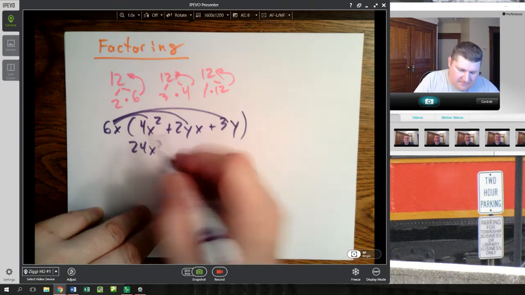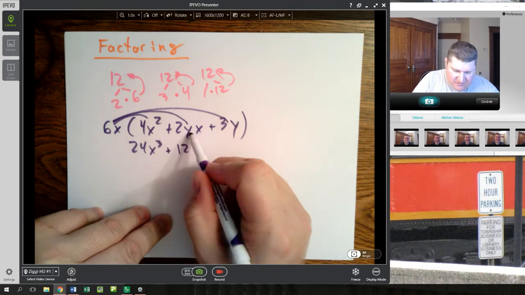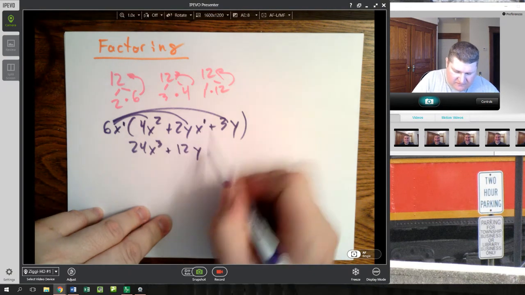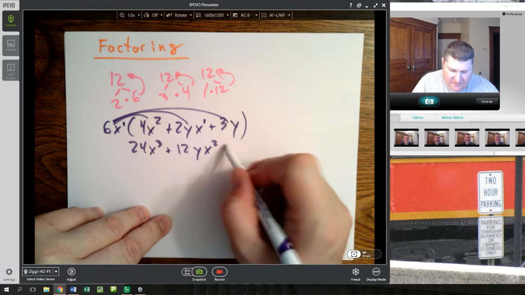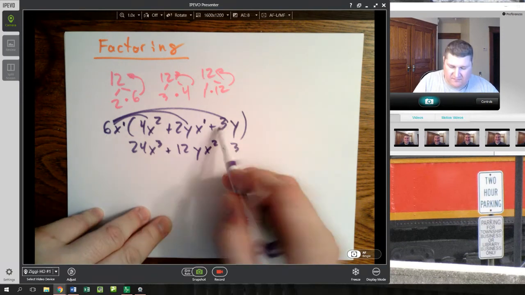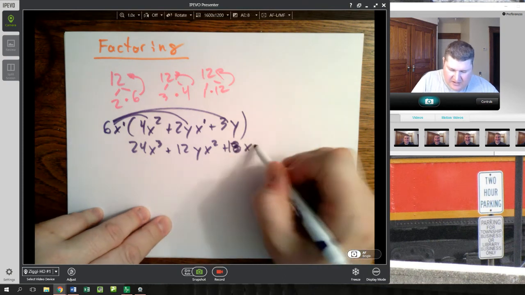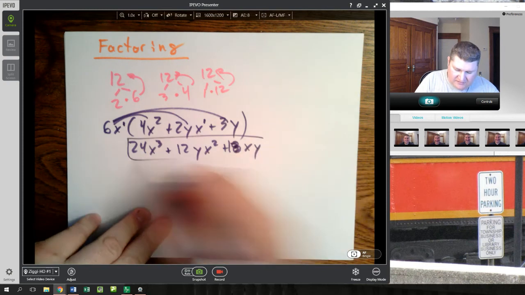Please learn them. Okay? Plus, now we get 12, but I don't have any other y, so it's just y. Now remember, this is x to the first, that's x to the first, so it's x squared, and then plus 3. Oh, I almost did it. What did I forget to do? 6 times 3 is 18xy. There we go.